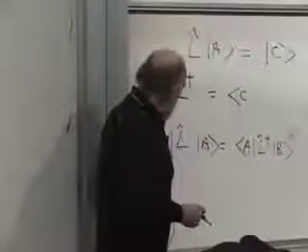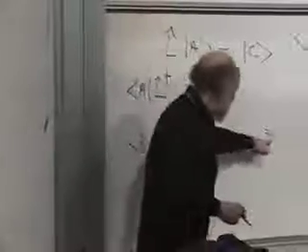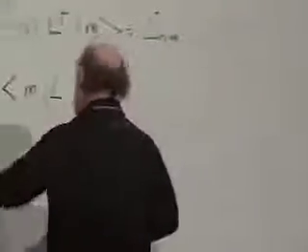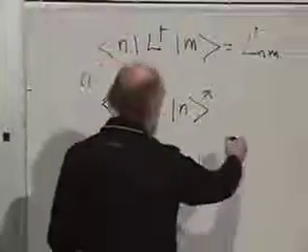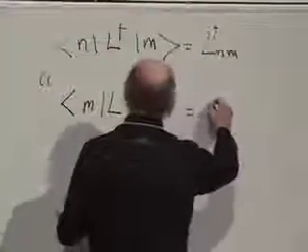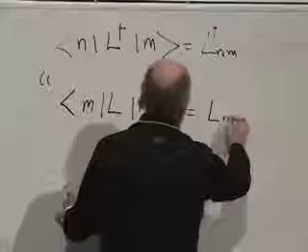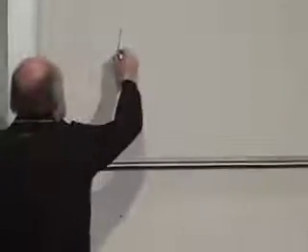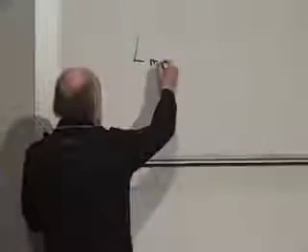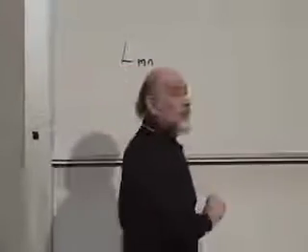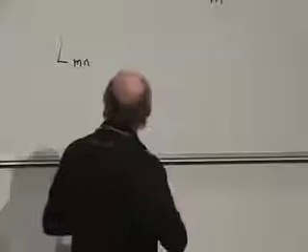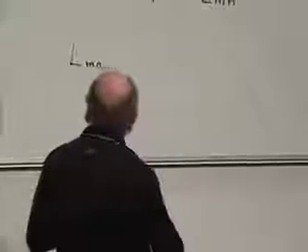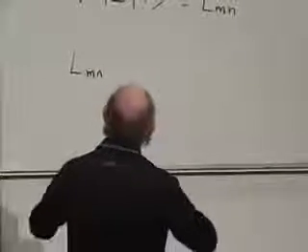That's what this says over here. Interchange bras and kets, and complex conjugate. All right? So now we can write an equation, that, well, this of course is equal to LMN. So here's the rule. If you have an operator represented as a matrix, LMN. Wait, star is LMN star? Yes. Thank you.